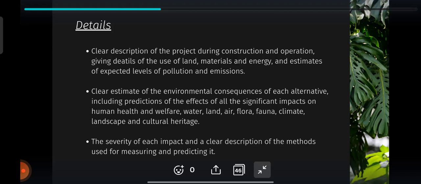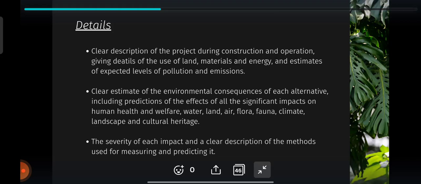So, next detail is a clear estimate of the environmental consequences of each alternative, including predictions of the effects of all the significant impacts on human health and welfare, water, land, air, flora, fauna, climate, landscape, and cultural heritage. This section provides the scientific and technical evidence on which comparisons between the alternatives can be made.